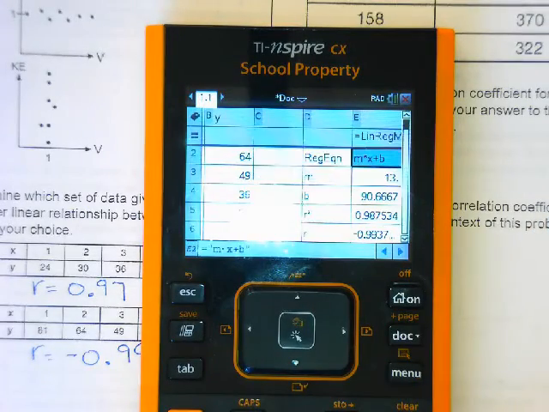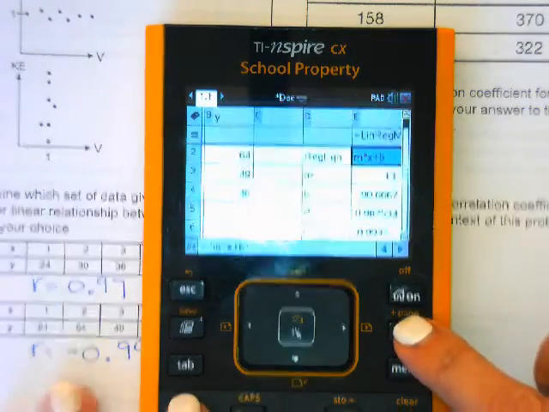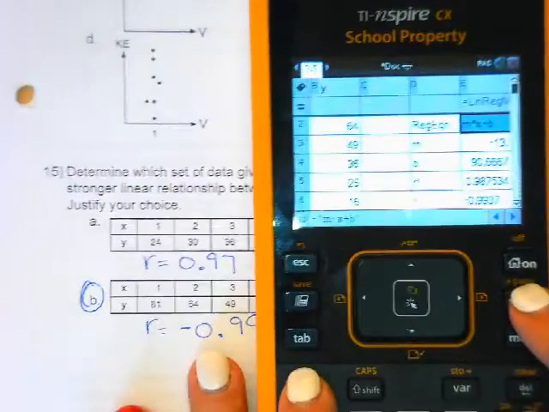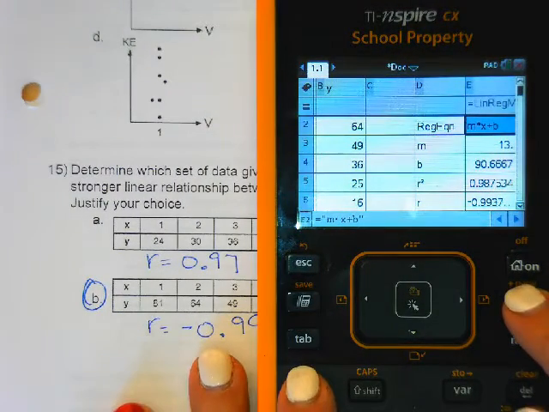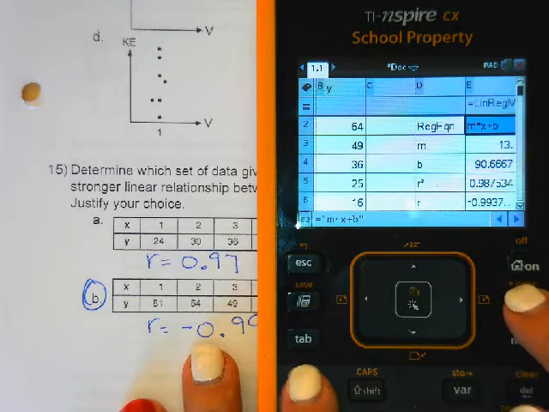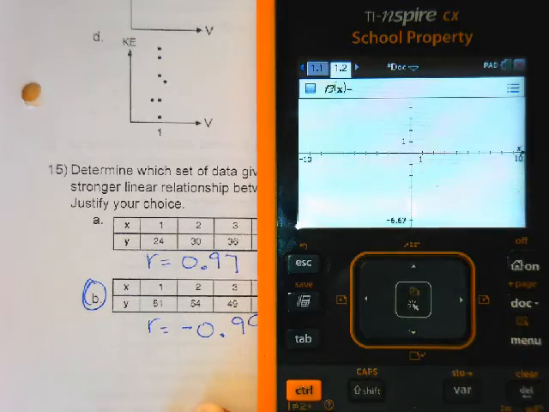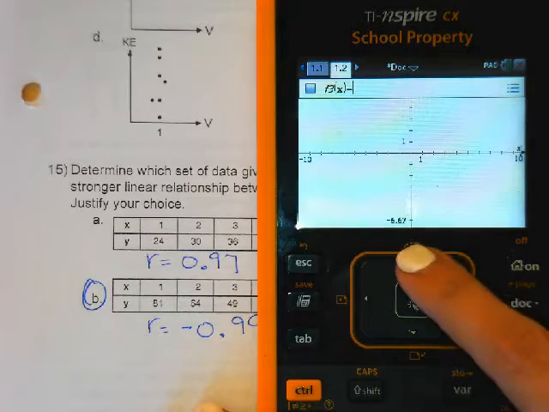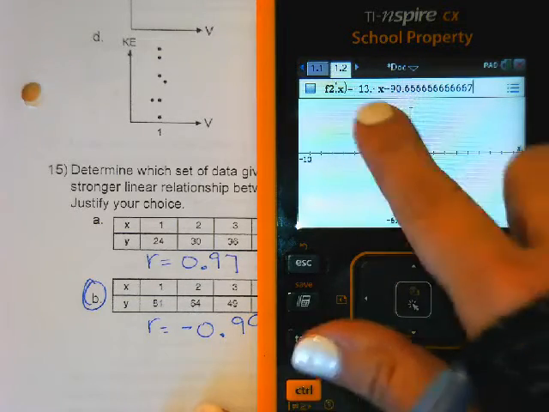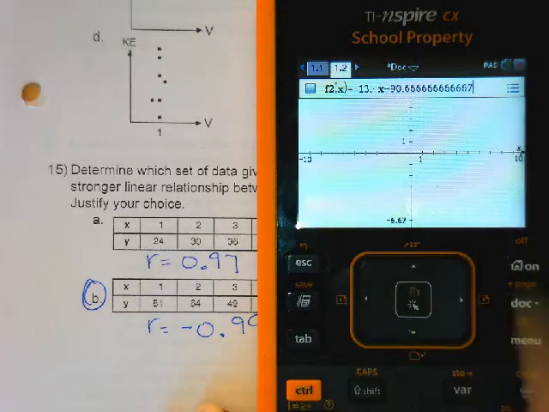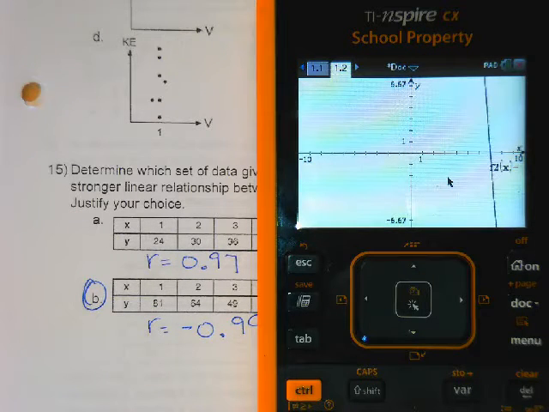If you do control doc, and this is going to be important for when we get to graphing quadratics and exponentials, and it's helping us write equations, we can add a graph. It's going to add a page up here for us. Notice it jumps to 3, but if I go up to 2, this is actually the equation that we just had. It's going to copy and paste that equation so you don't have to write it down. Does that make sense? So that's kind of a nice thing.